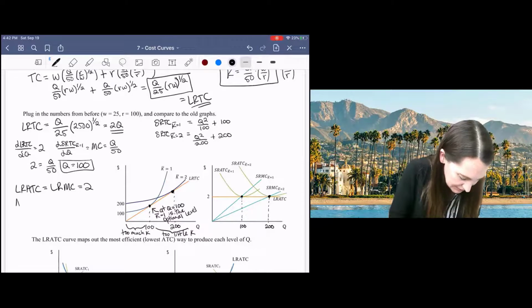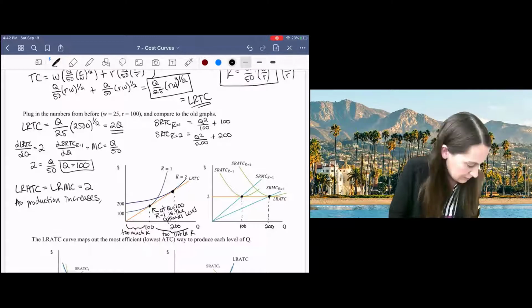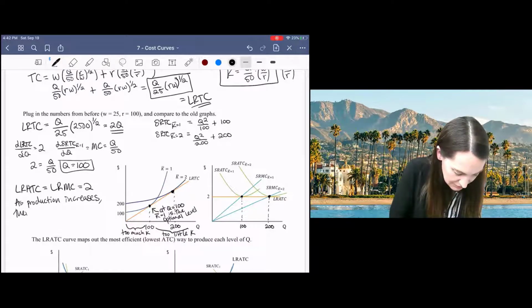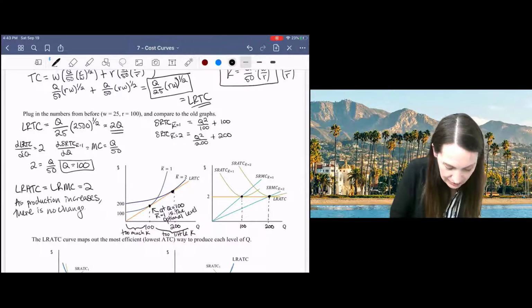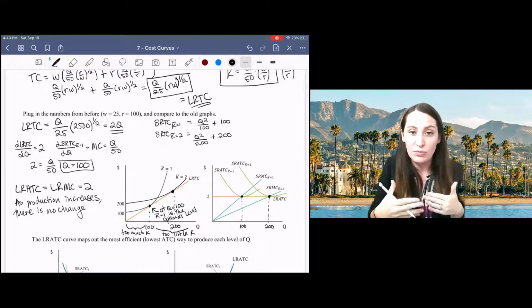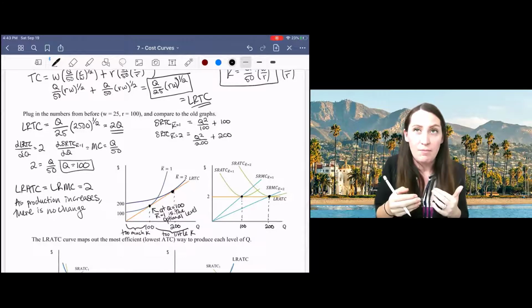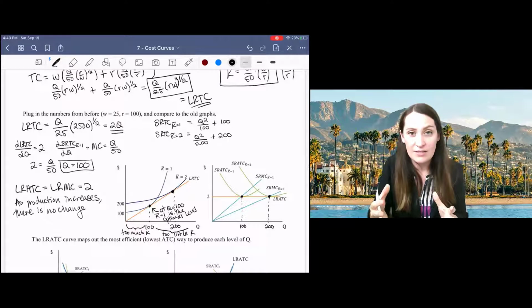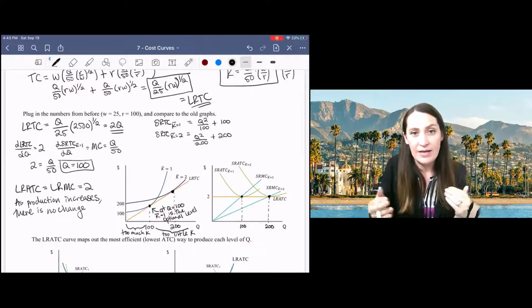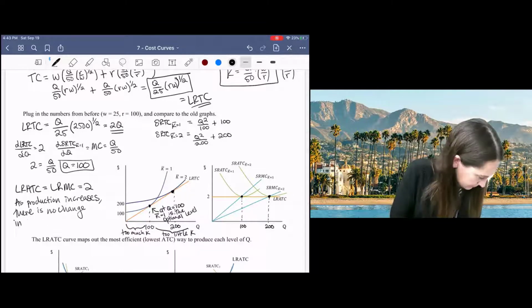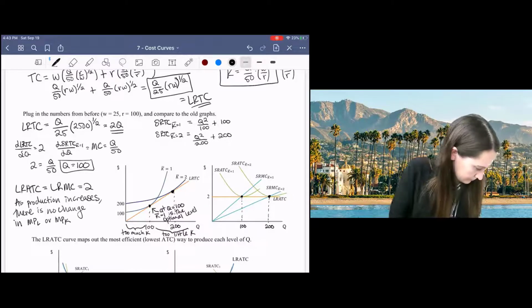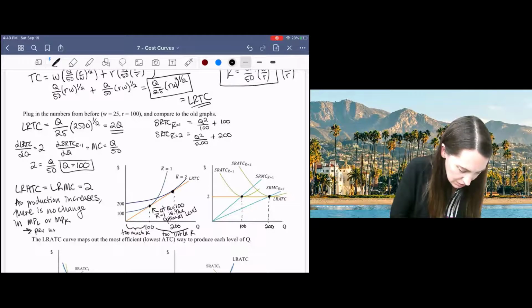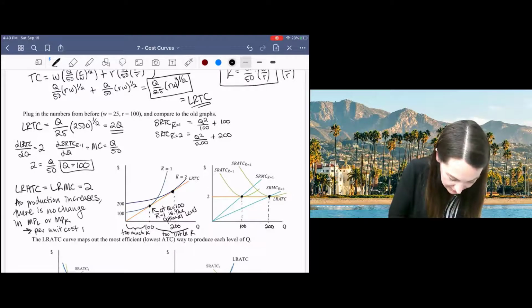So as production increases using this production function, there is no change in our marginal product of labor and capital, or our cost, right, per unit as we expand production. The per unit cost of production, the average total cost, remains constant as production expands.